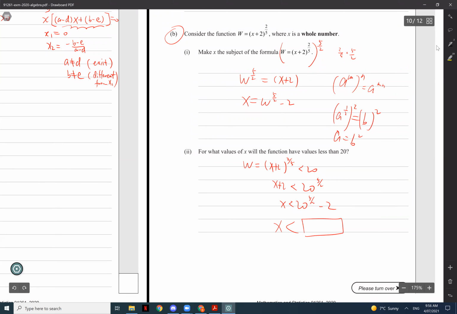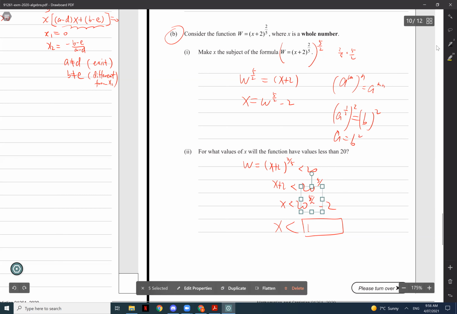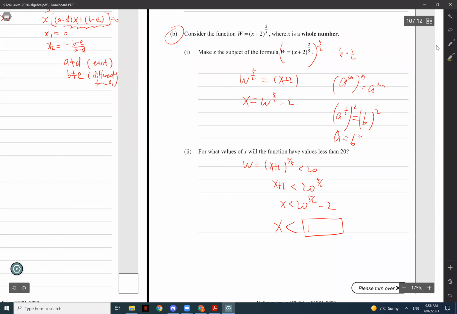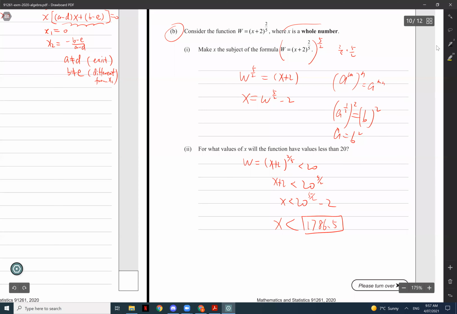This is like 1786.85. But x is a whole number, so x can be 0, 1, 2, up to 1786.